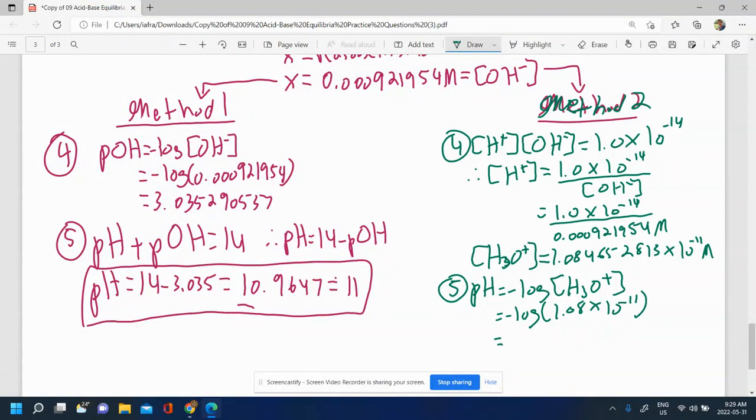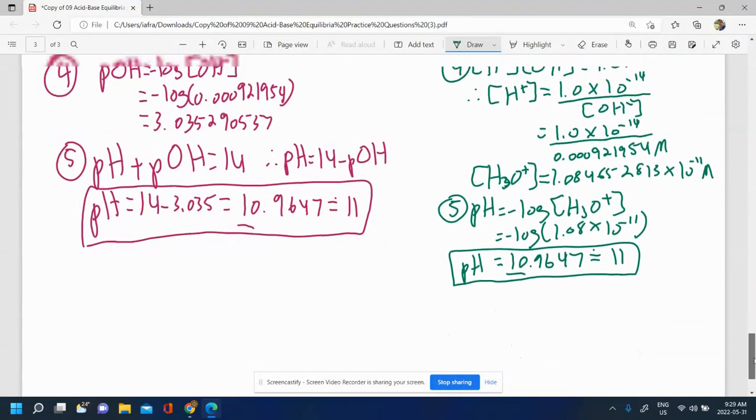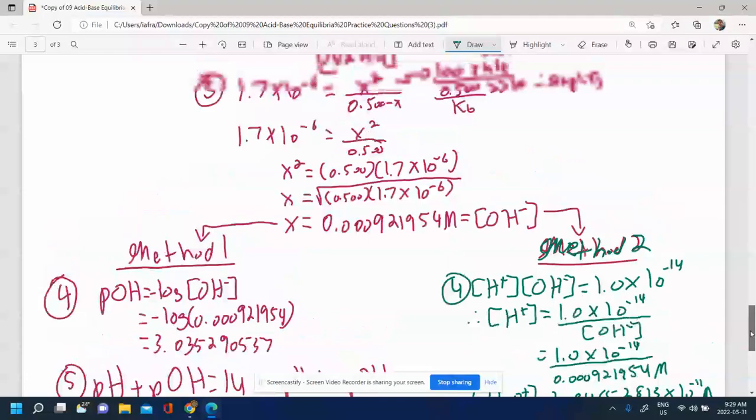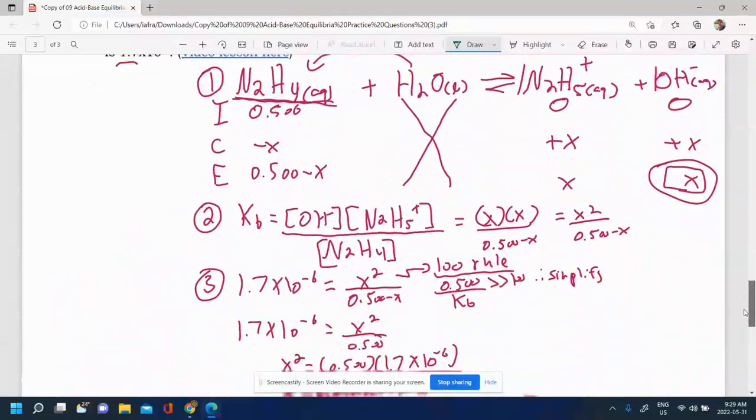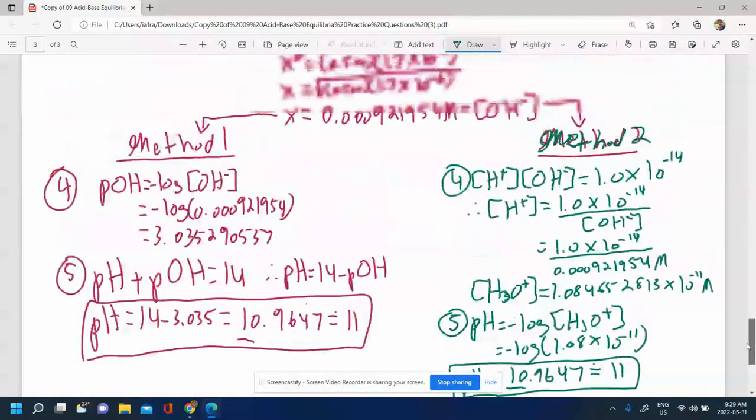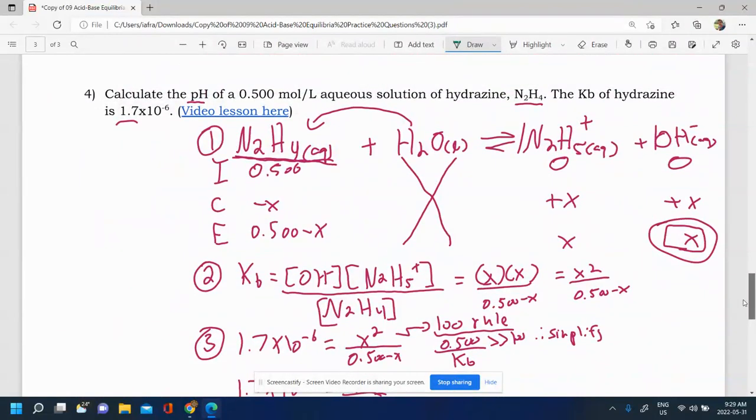And we should get, second time, the same answer, 10.9647, so on and so forth, as our pH, or approximately to 2 sig figs, 11. So we have our pH is equal to 11. So both would work. Just depends on what you prefer. You can do both if you have time to check your answer to see if you're on the right track. But again, both are acceptable methods.